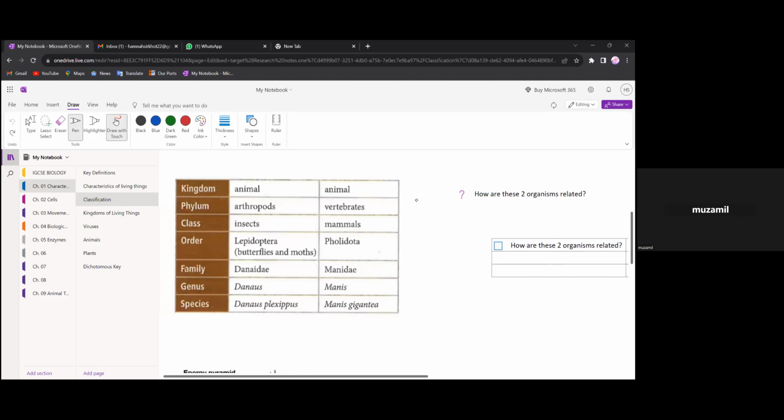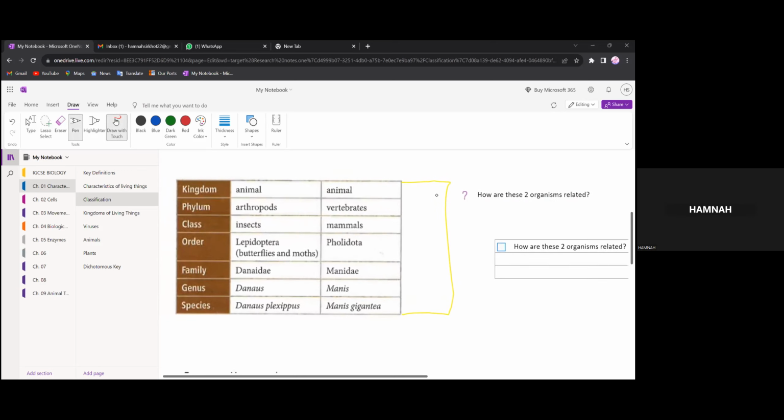So if I put another table here and write down humans, animal would be the same for us. Vertebrates will also be the same for us. Humans are mammals, so mammals would be the same for us, but everything under that would be different. What's the scientific name for humans? Do you know?